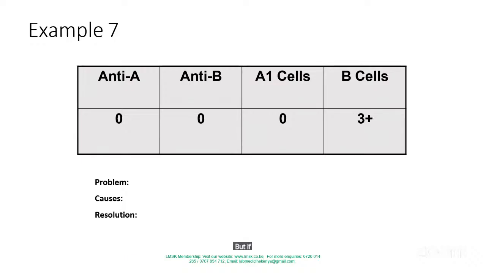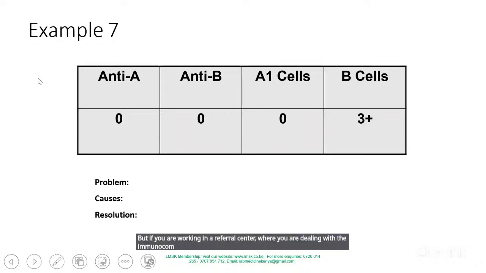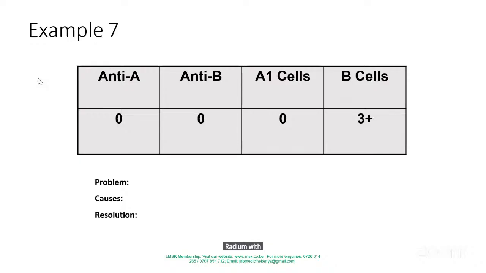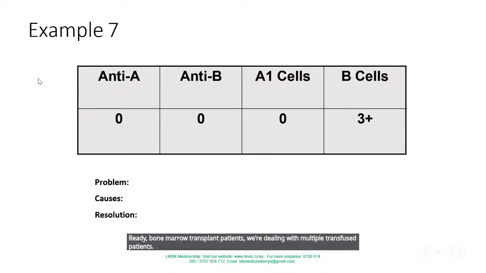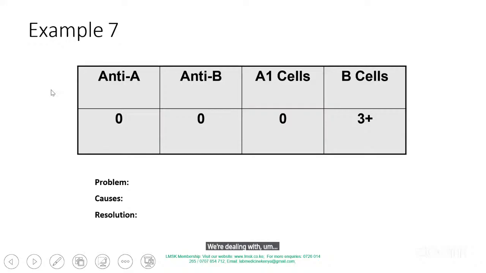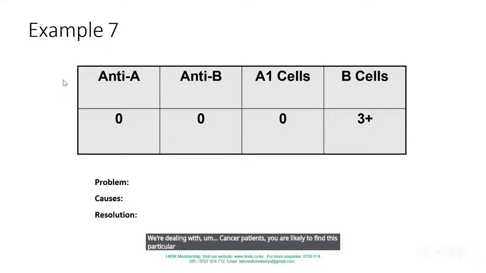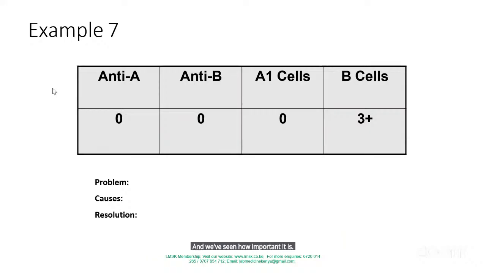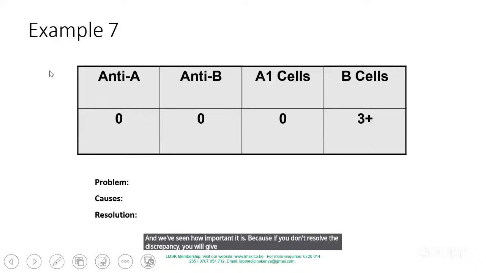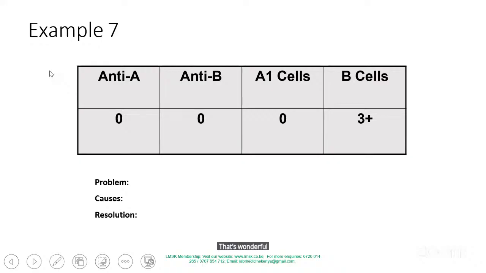But if you are working in a referral setup where you are dealing with immunocompromised patients, bone marrow transplant patients, multiple transfused patients, and cancer patients, you are likely to find this particular discrepancy. And we've seen how important it is, because if you don't resolve the discrepancy, you will give a wrong blood type.